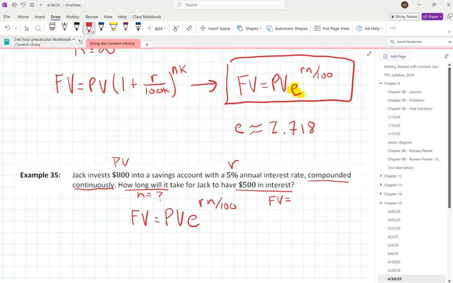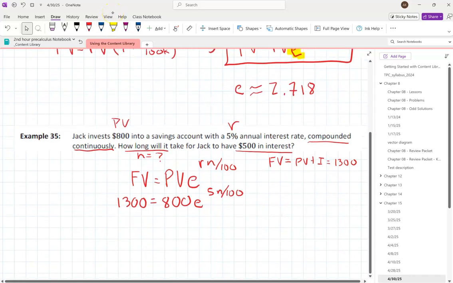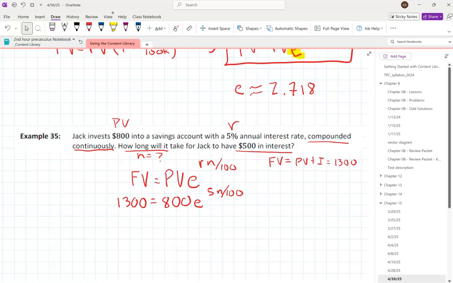How much money will he have if he has $500 in interest? 1,300. So far, so good. Okay. We'll solve for n now.